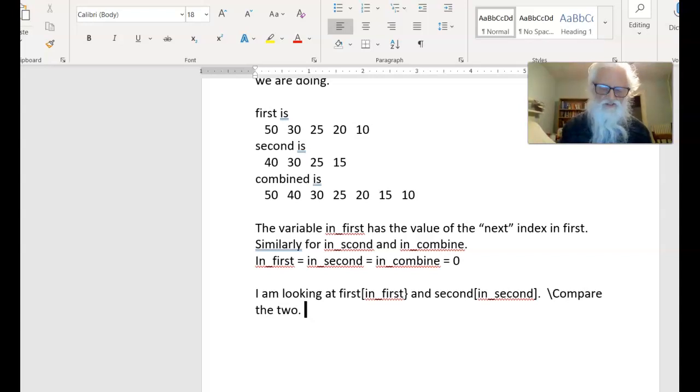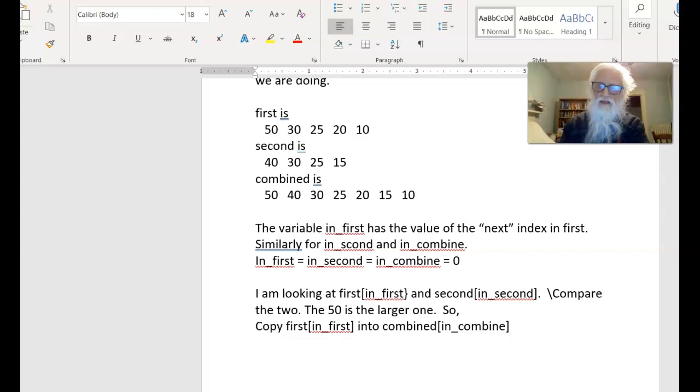Well, the 50 is the larger one. So, copy first in first into combine in combine.